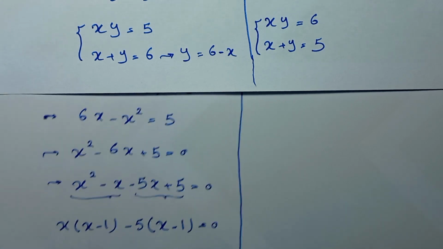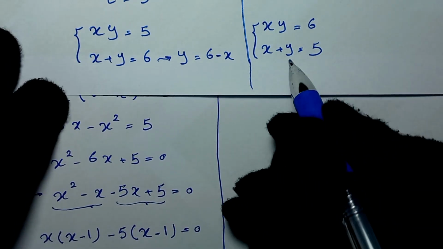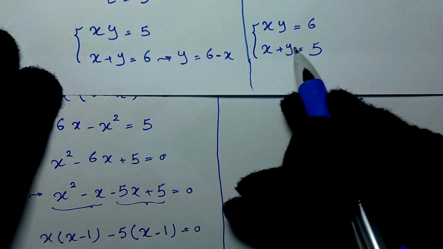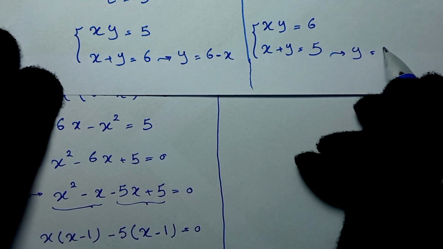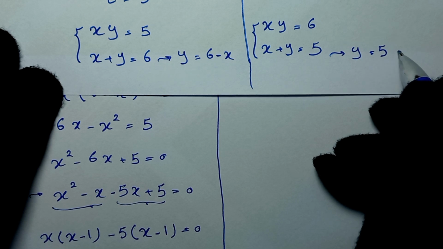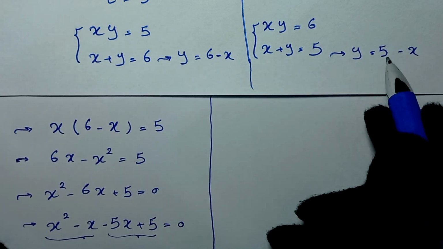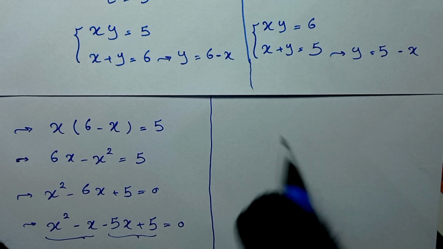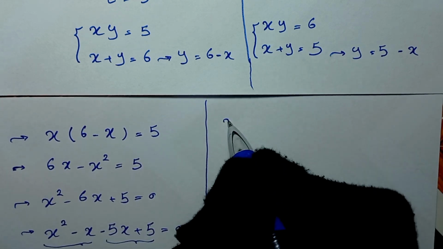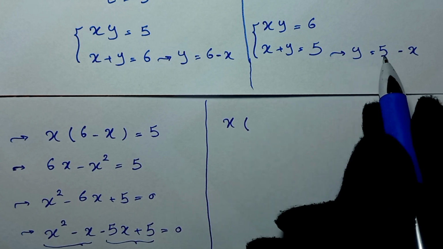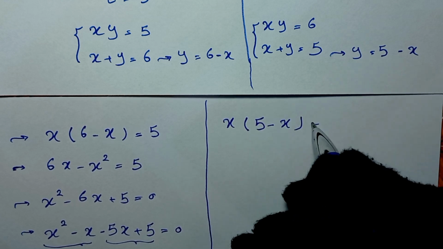And from this side, if we take this x to this side, y is equal to 5 minus x, right? And we substitute this 5 minus x into this equation, and it will be x times y, and y is 5 minus x, is equal to 6.